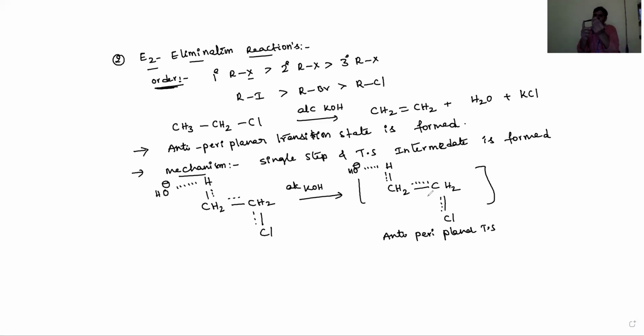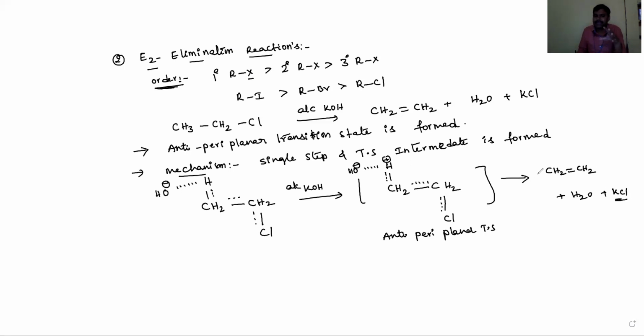For example, here the hydrogen atom and here the chlorine atom should be at 180 degrees, like this anti-periplanar transition state, and with the loss of these groups it gives CH2=CH2 plus this OH minus and H plus converting into water, and K plus and Cl minus converting into potassium chloride.